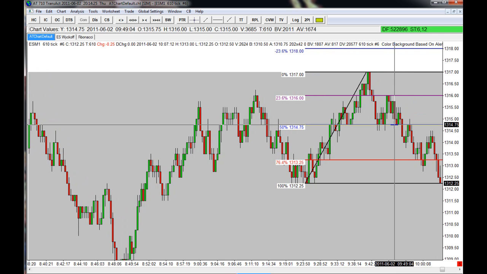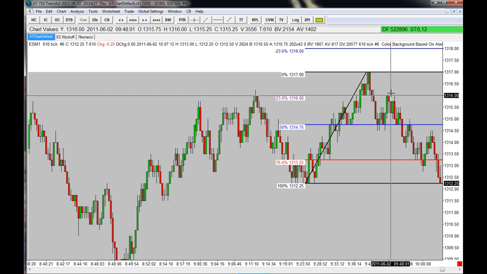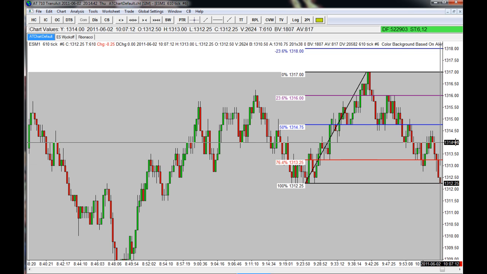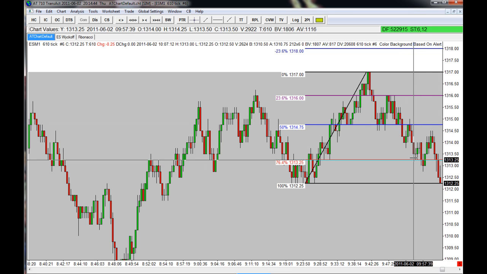As you can see, it would not have been a profitable trade. I mean, it traded at the level where the target was. I believe it traded around, I'm not sure if it was 400 or 600 contracts there, and then it fell.